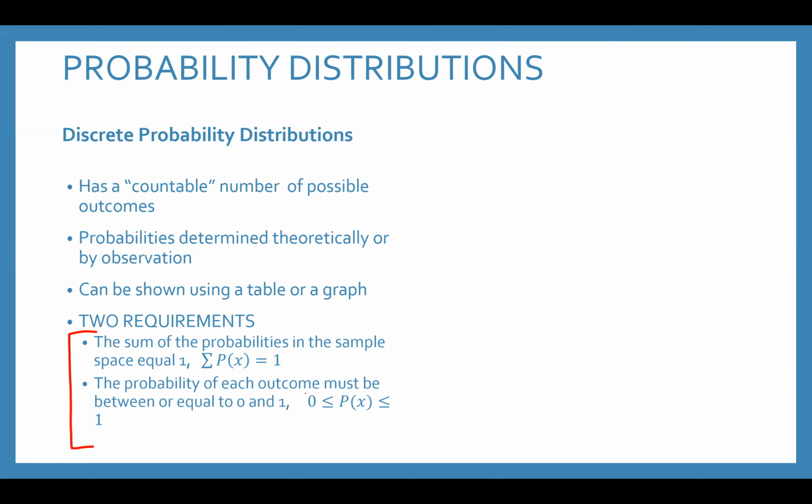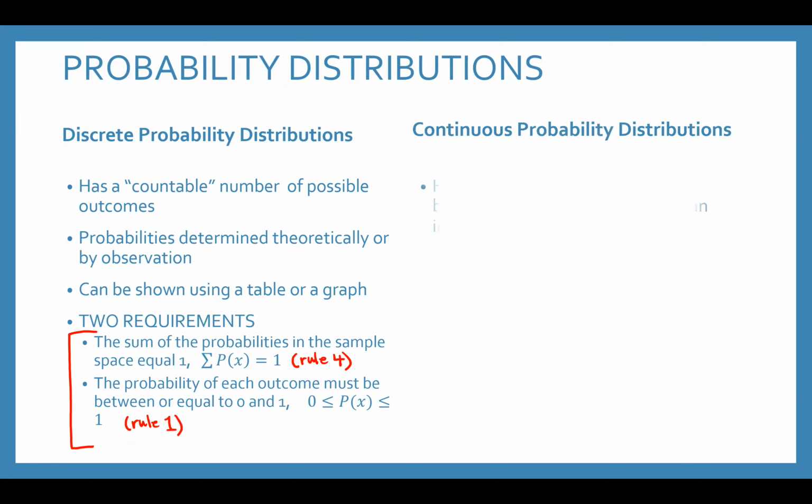All of the probabilities have to be between 0 and 1. That's rule 1. And the sum of the probabilities in the sample space, meaning all the possible options, has to total to 1. That's rule 4. So again, you've got to keep those rules and guidelines in your head.